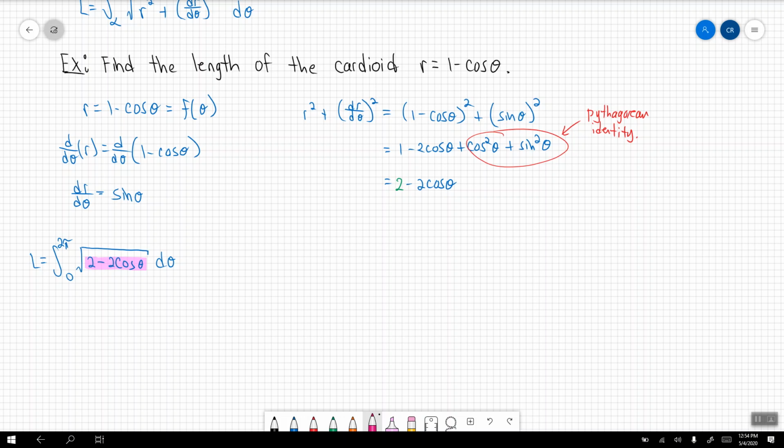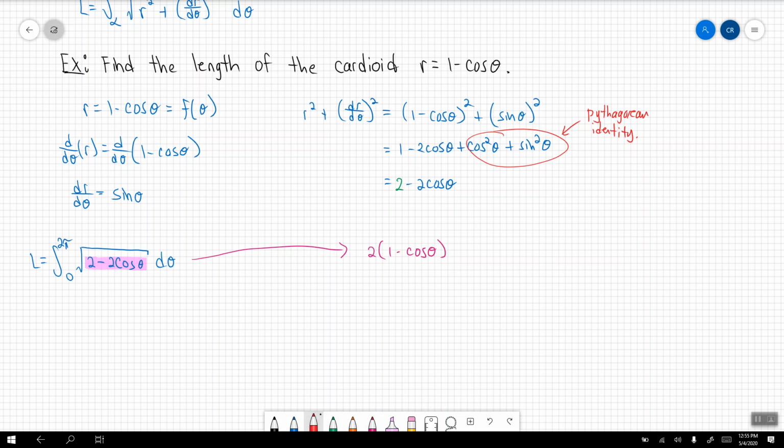With that radicand, 2 minus 2 cosine theta, that kind of reminds me of this, 1 minus cosine of theta. This kind of reminds me of something special here. Notice here, I can't exactly simplify anything besides factoring out that 2.